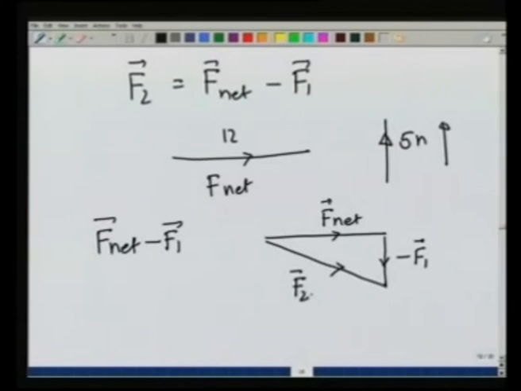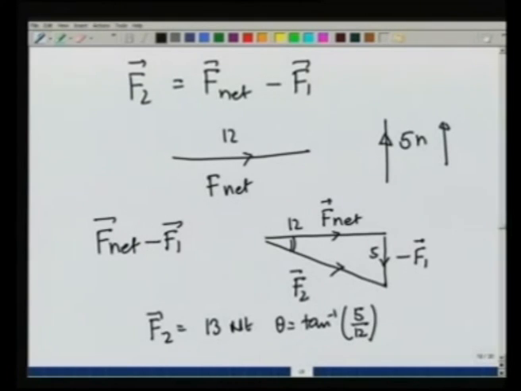You can see that F 2 is going to be 13 newtons, because this is 12, this is 5, at an angle theta equals tangent inverse 5 over 12 towards south from the east.